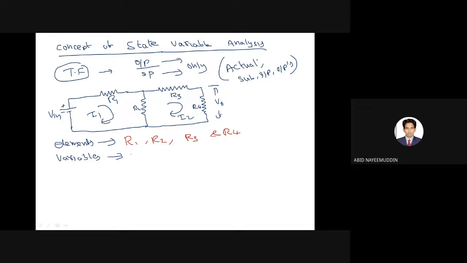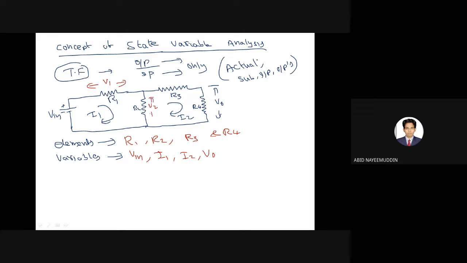And similarly the variables are Vin, I1, I2, V0. So from the given notations, if you extract the variables, there are only 4 variables.